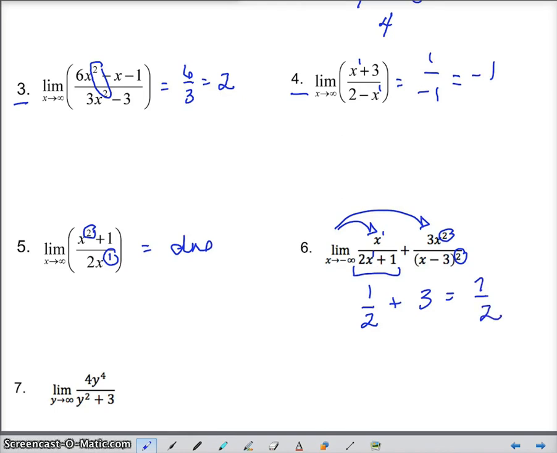And then try the limit for number 7. You can see that this function's degrees are top-heavy, therefore the limit does not exist. Remember, these rules are only valid as x approaches positive infinity or negative infinity.